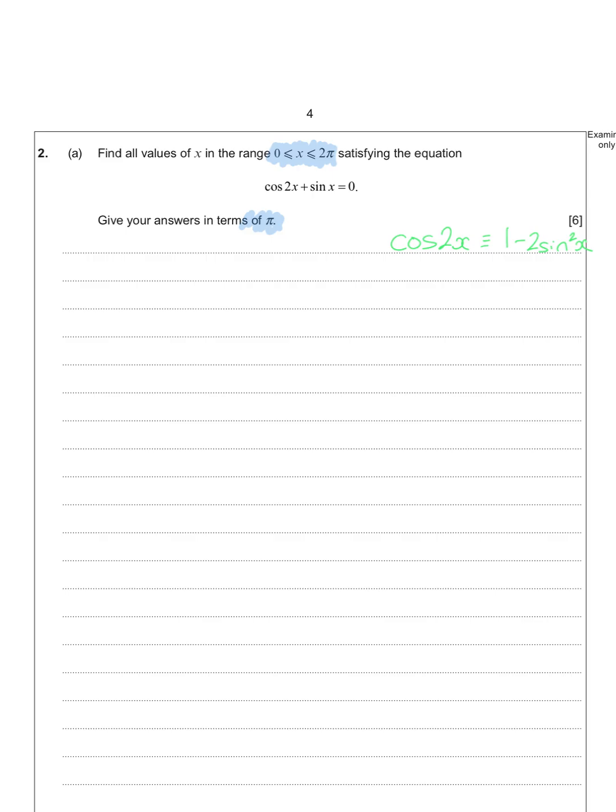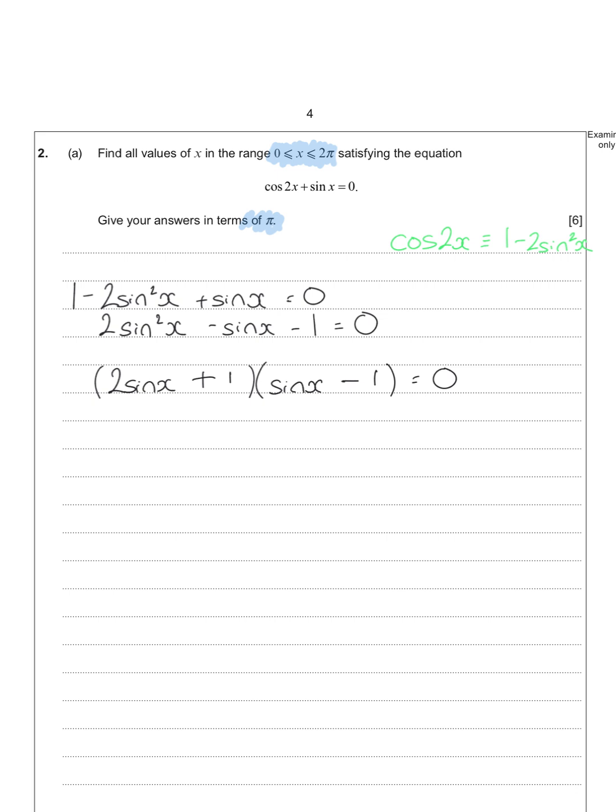So I'm definitely going to have a 1 and a 1, and I need a 2 sine x and a sine x. And then I've got some negatives to put, and I know if I do 2 sine x times minus 1, and then 1 times sine x, positive 1 times sine x, I'll get that middle term that I need. Okay, so I can go ahead now and solve for sine x for both of these.